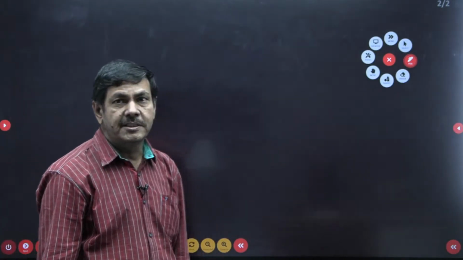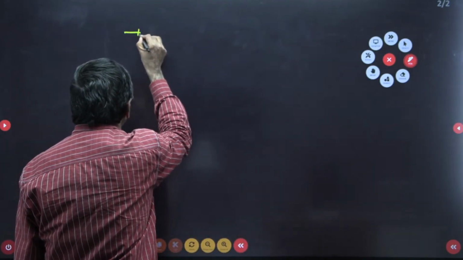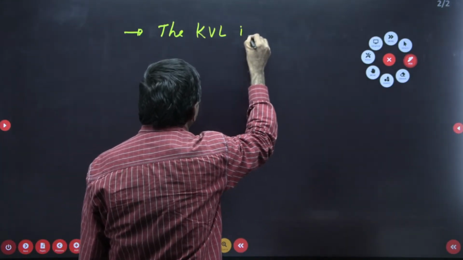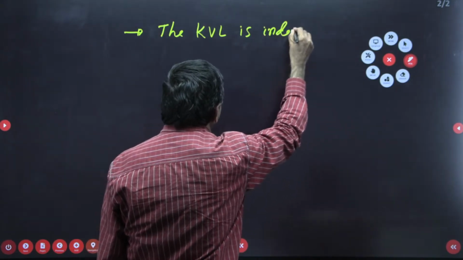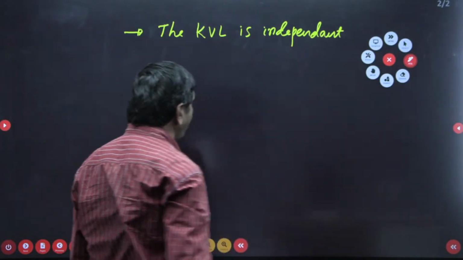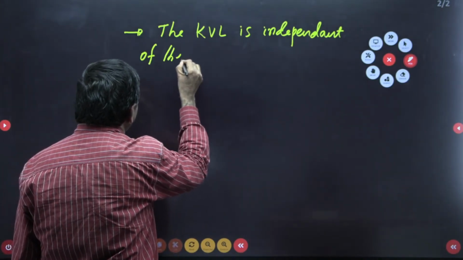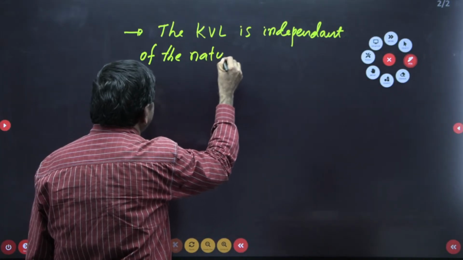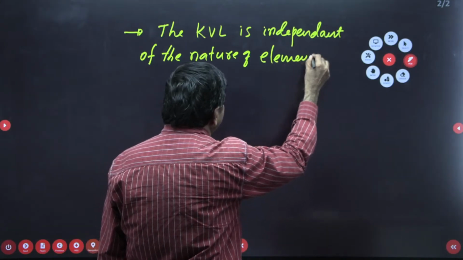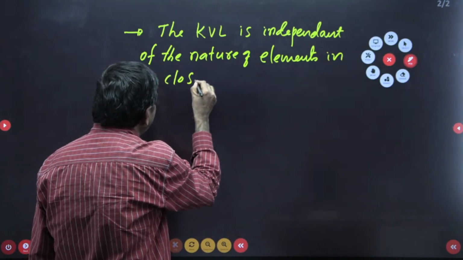But one more point is very important now. I will write it and explain. The KVL is independent of the nature of the element in a closed path.